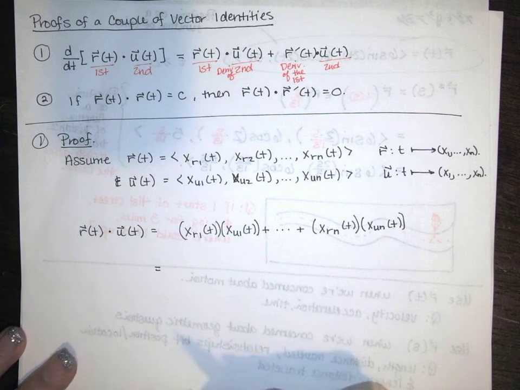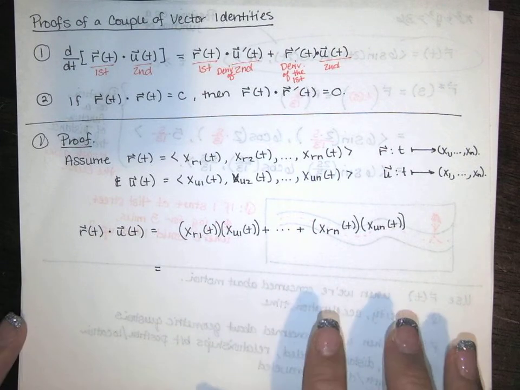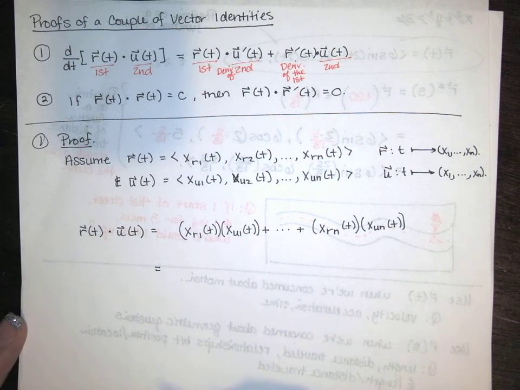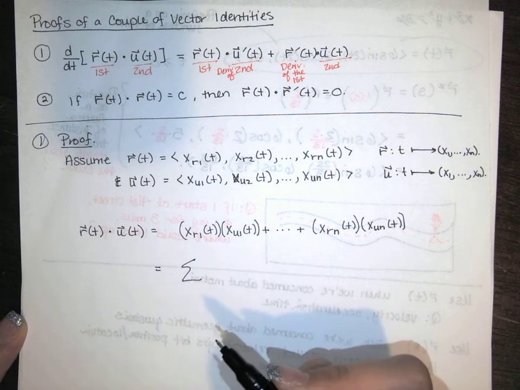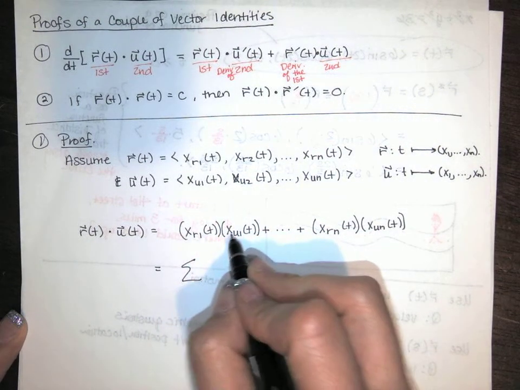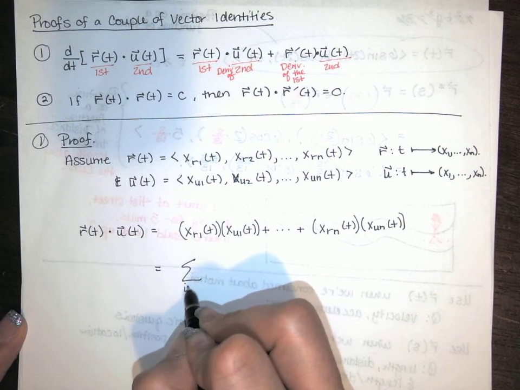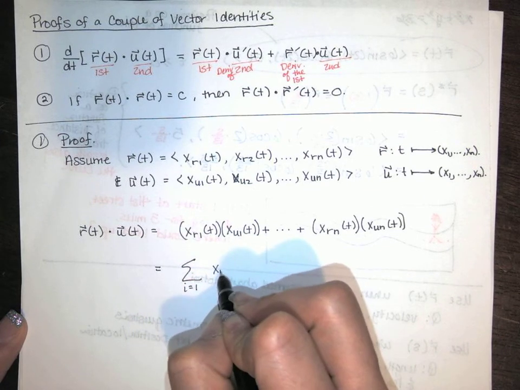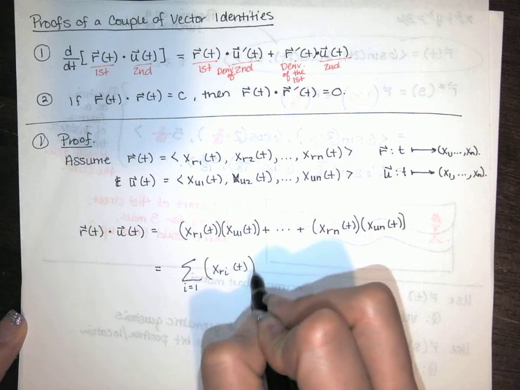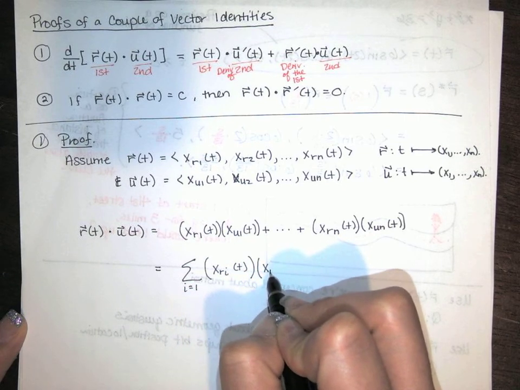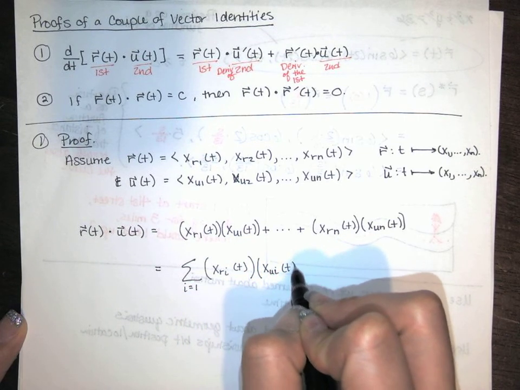I'm going to use this alternate notation. It's just shorthand. Remember from the end of Calculus 1 or maybe when we're doing all those Riemann sums in Calculus 2. What I'm doing here is I'm taking the ith component, x sub r sub i of t, and I'm multiplying it by x sub u sub i of t.